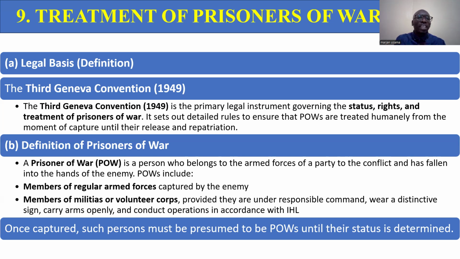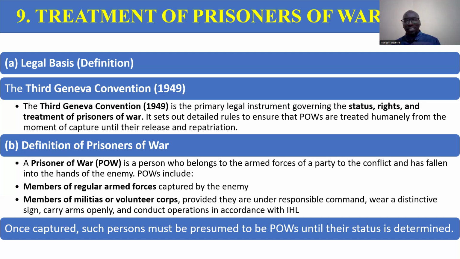So what is the definition of prisoner of war? Who is a prisoner of war? This is a person who belongs to the armed forces of a party to the conflict and has fallen into the hands of the enemy. So for example, let us say you have Congo and maybe Rwanda.